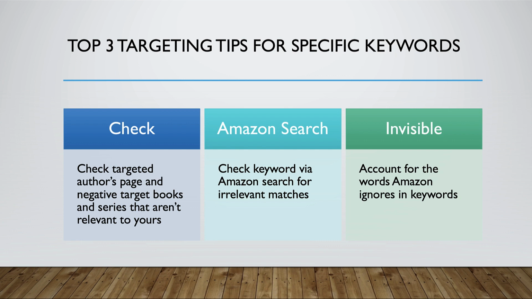The important thing about that is if you have a title that includes those words, like I was targeting a book called For the Blood, Amazon ignores "for" and "the", so your actual keyword is "blood". That can turn up some interesting search terms. And so that's another reason to know what those words are.